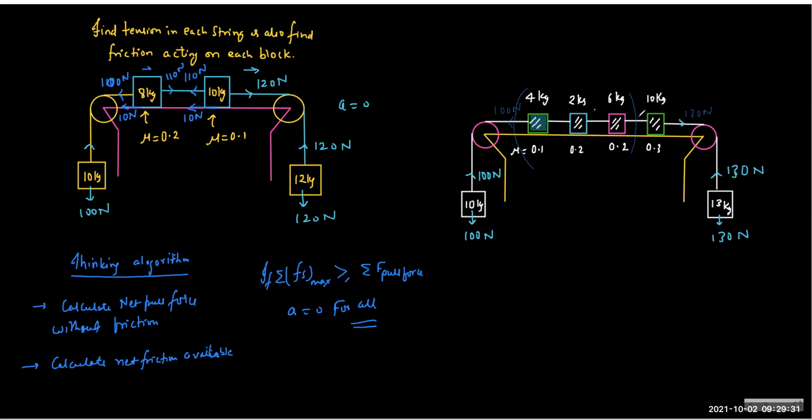So here we can develop up to 120 Newton. Still it will be balanced. Because if this tension is 120 Newton, then the three blocks will be balanced by the friction forces.